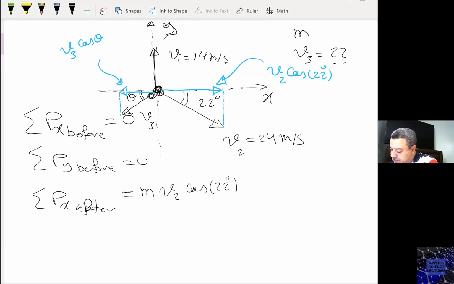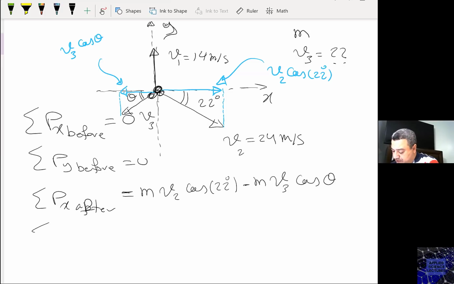I have minus m v3 cosine theta. So this is for the x. v1 does not have an x component. It is perpendicular on the x.